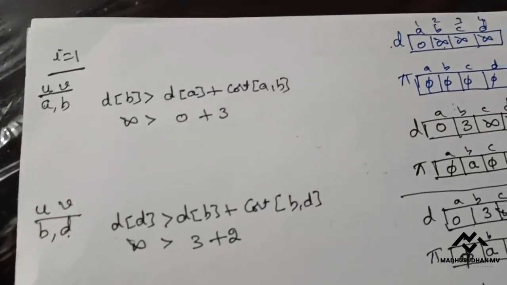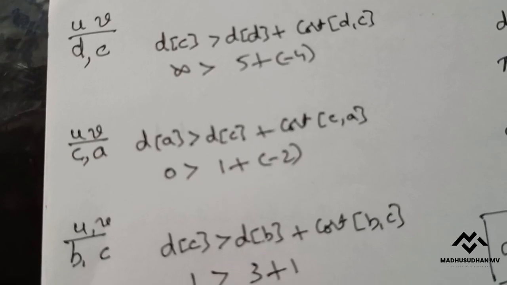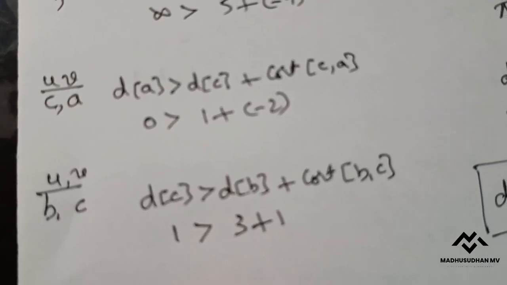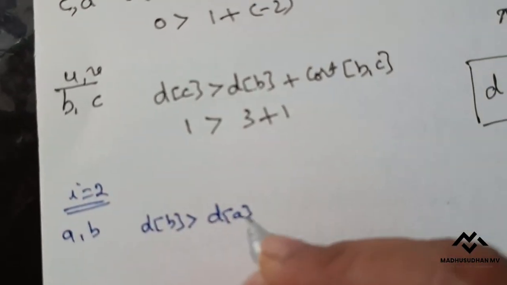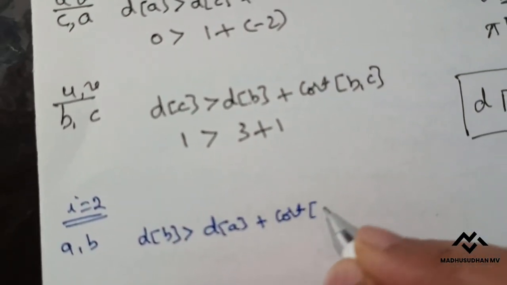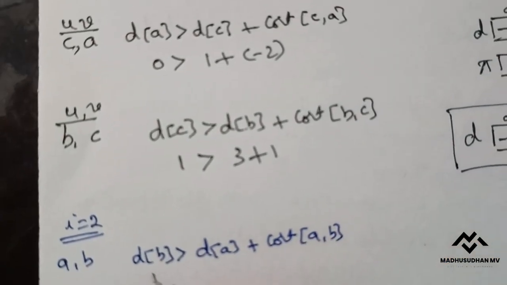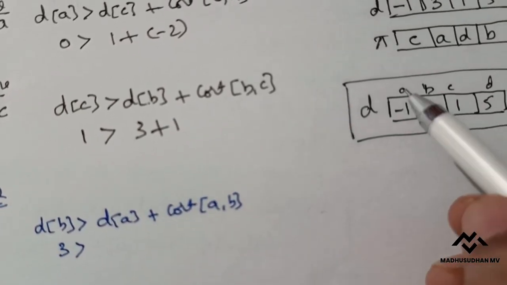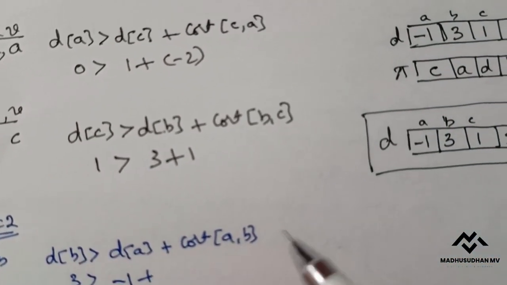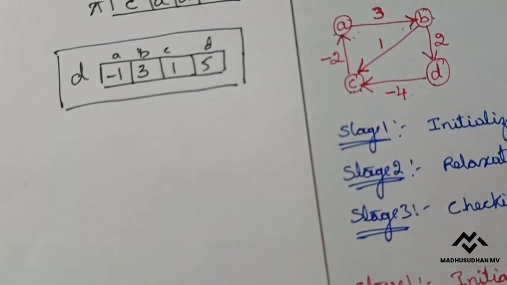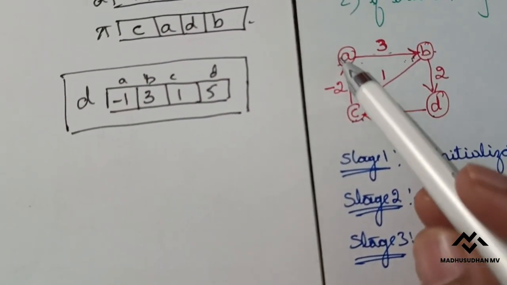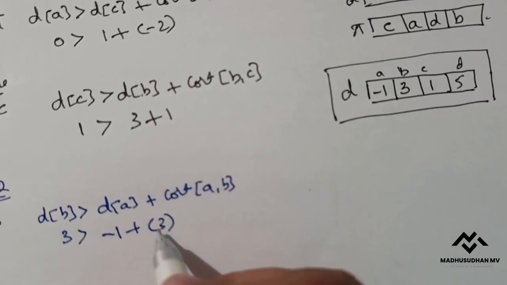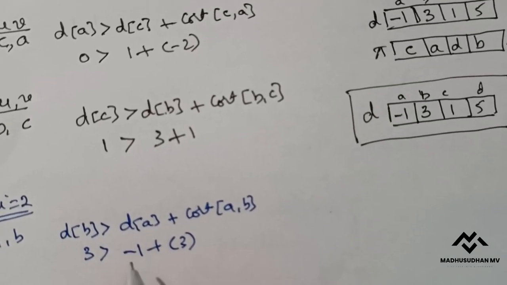Now the first edge will come by 1, A to B. Distance of B greater than distance of A plus cost of A comma B. Distance of B is 3, greater than distance of A, which is minus 1, plus cost of A to B, which is 3. So minus 1 plus 3 is 2. 3 greater than 2, yes, right, this 2 I am updating.